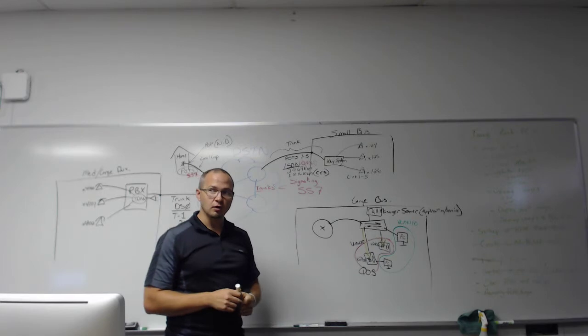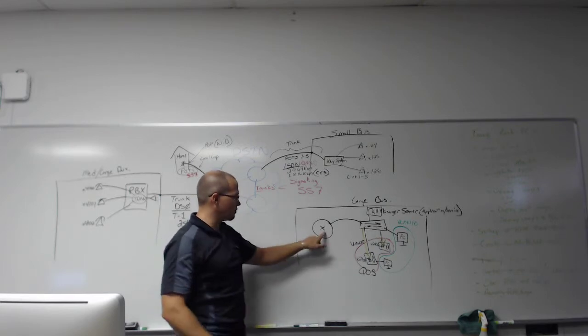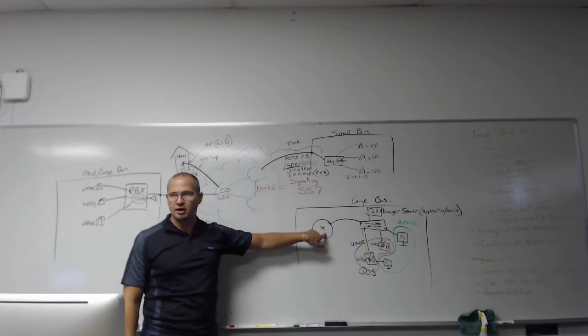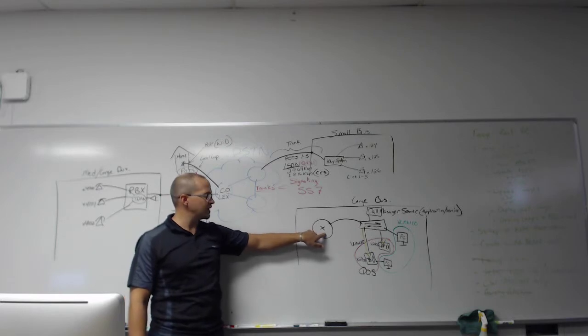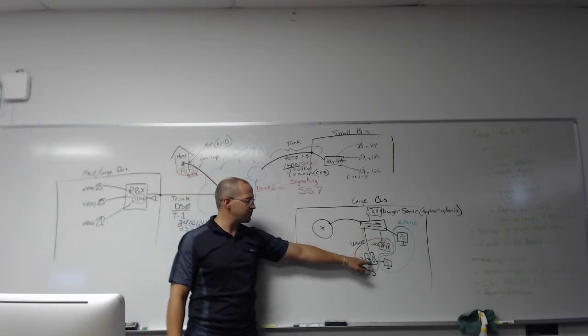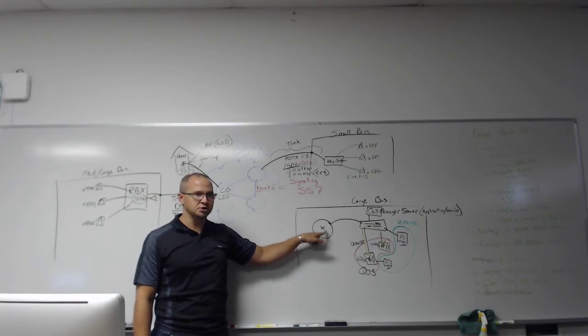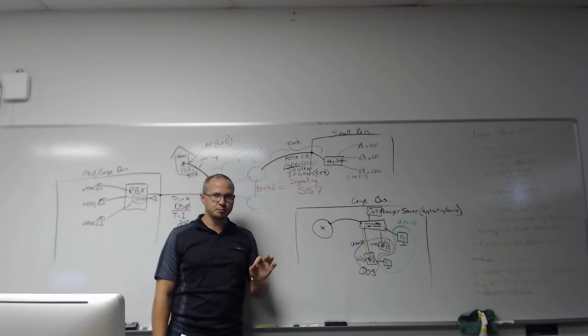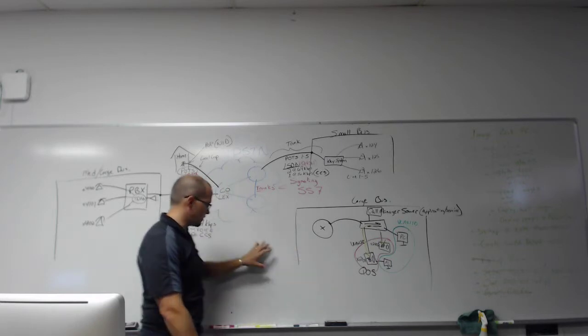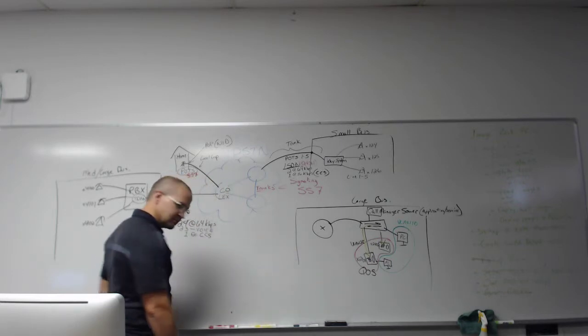We can also turn the router into a call manager, into some sort of device that is going to allow phones to register with it and to identify an extension that they can have. So let's put that scenario into play with another remote office.